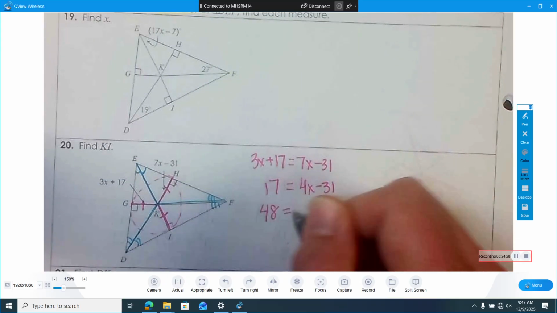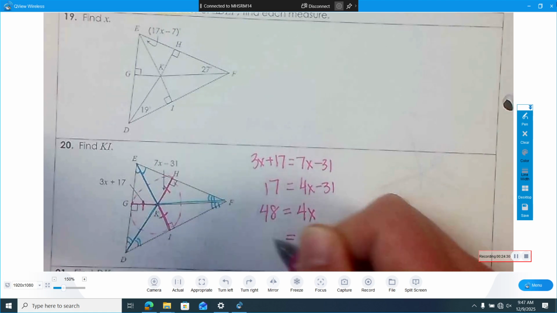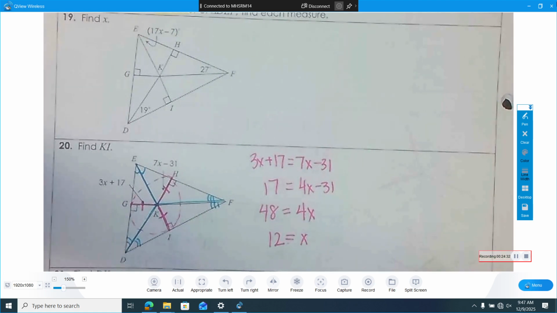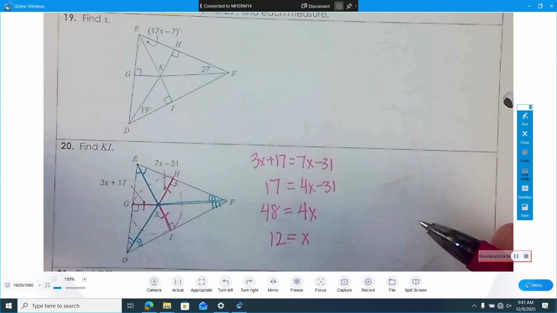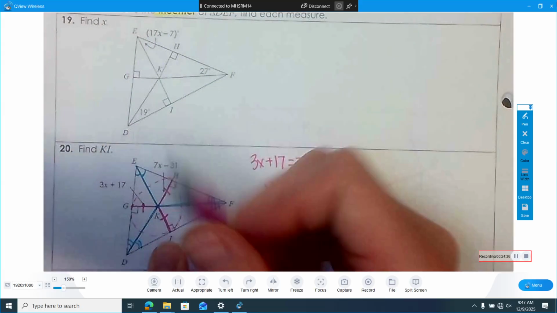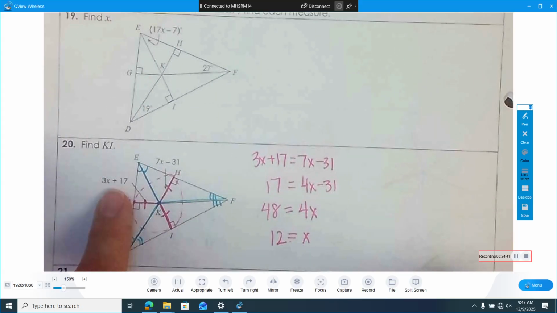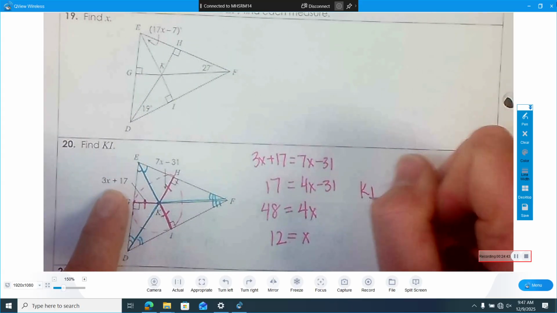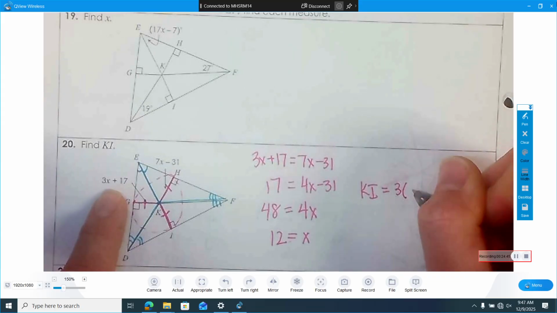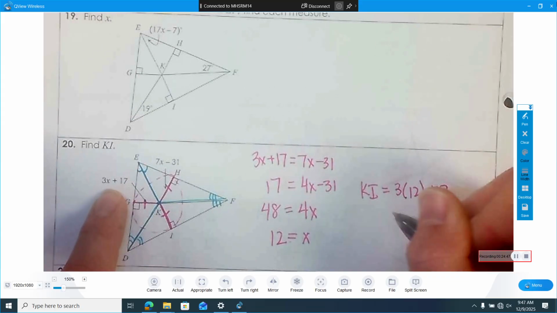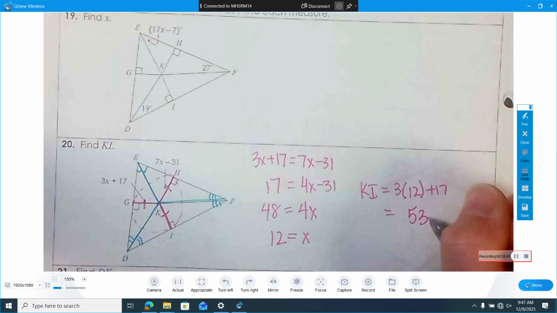And then that gives you x equals 12. Okay, and we're not done. You plug it into 3x plus 17. All right, so KI is another pink segment, so we can plug it in to either of these places. So KI would also be 3 times 12 plus 17. Good.